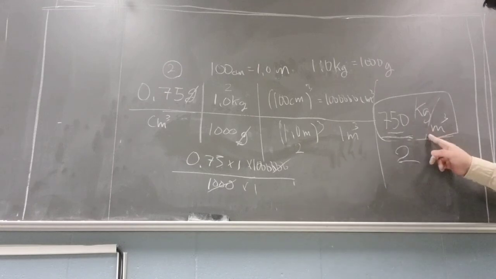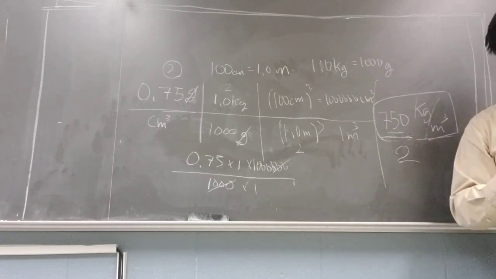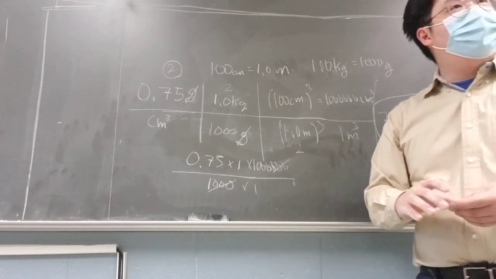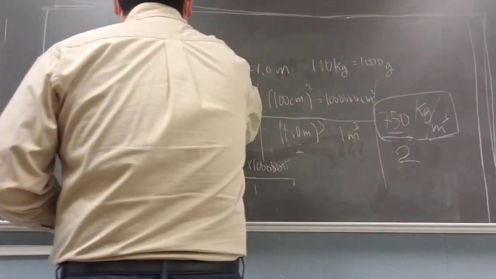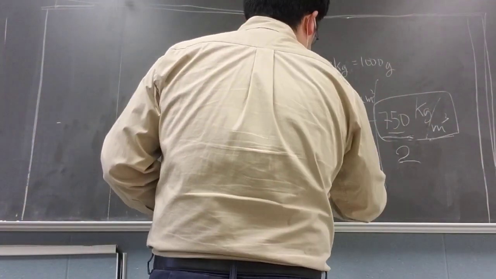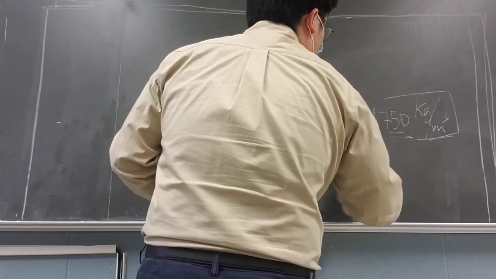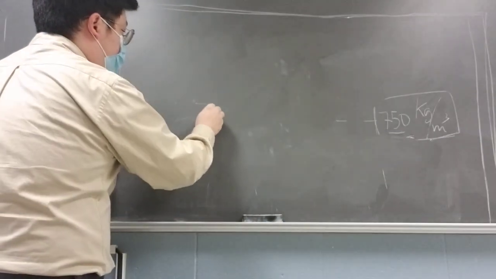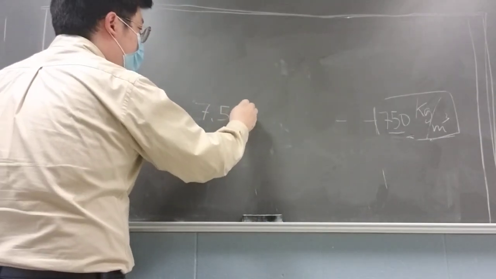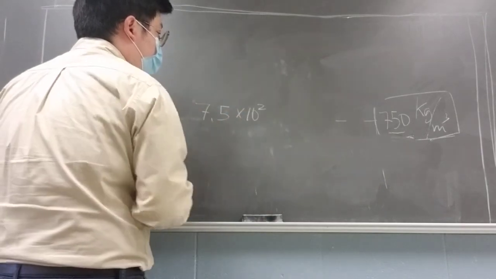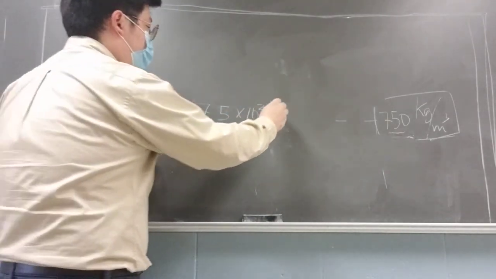So if I wanted to put this in scientific notation, do you guys remember scientific notation? So if you want to put this in scientific notation, it should be 7.5 times 10 to the second. Okay.